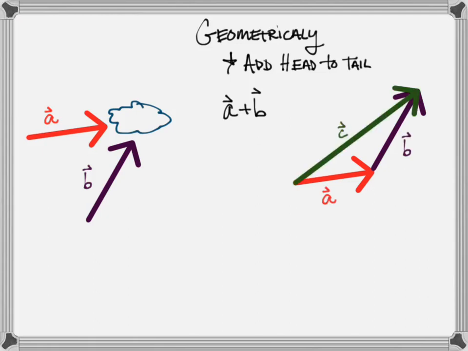So the key part is it doesn't matter if I push all a this way and then all b that way, or do it all at the same time. The resultant is going to be the same. I'm going to go along this path vector. See, that's where we're going to end up. All right. So that's one way to do it. The key thing is that we don't put two vectors going tail to tail or head to head, right? We go here, then here, which results in our green vector c.